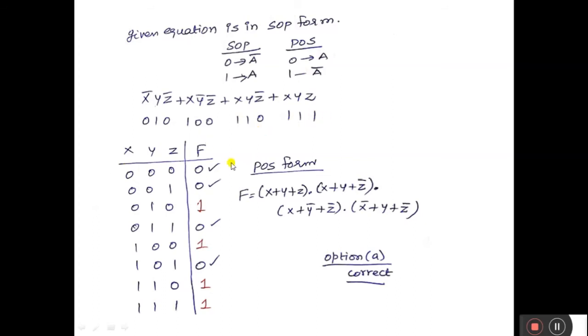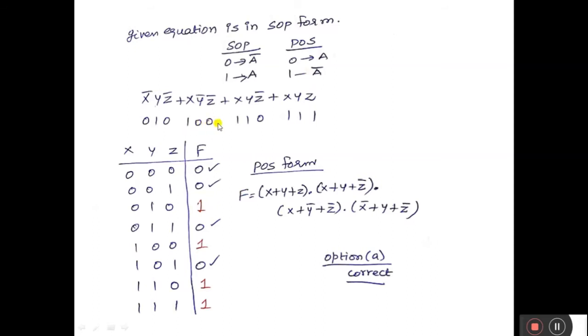I make a table; 3 variables are given, so 0 to 7, 8 possible combinations: 0, 0, 0; 0, 0, 1; 0, 1, 0; 0, 1, 1; 1, 0, 0; 1, 0, 1; 1, 1, 0; 1, 1, 1. From the given equation, the value 0, 1, 0 corresponds to this row in the table, so here I wrote 1.